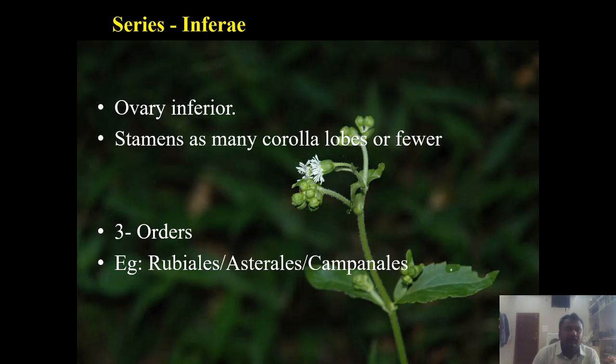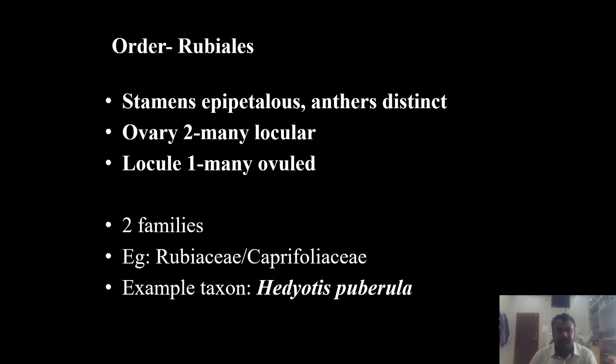Series Inferae, ovary inferior. Stamens as many as corolla lobes or fewer. There are 3 orders present in this one: Rubiales, Asterales, and Campanales. Under Rubiales, stamens epipetalous, anthers distinct. Ovary 2 to many locular, locule 1 to many ovules. 2 families are present in this Rubiales.